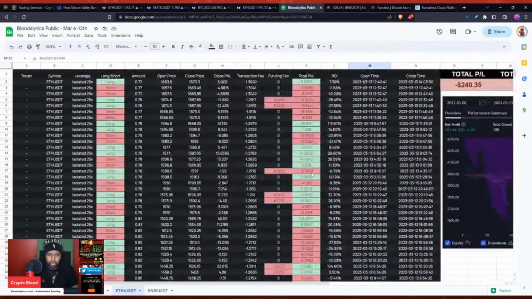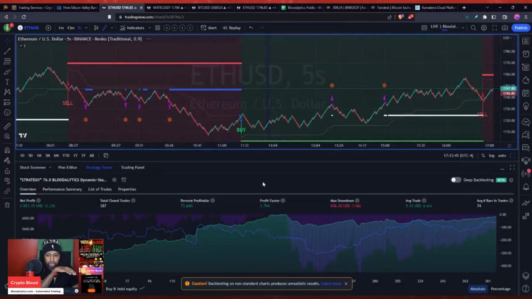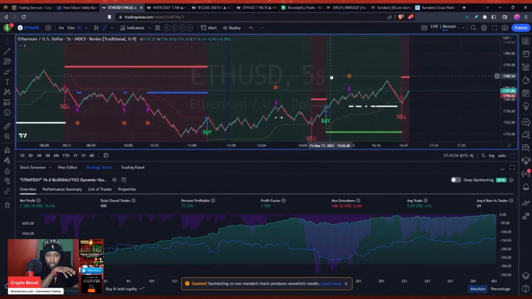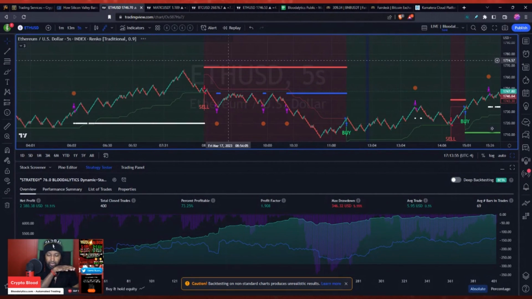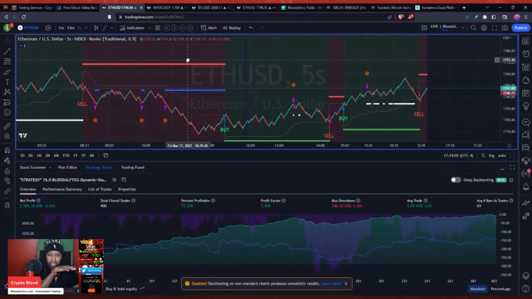So midweek I did switch it. I switched it to just strictly TradingView's version of the Ethereum price feed. Okay, just trying different things. I don't think it worked. It did better. We did improve, but it wasn't matching up as good as it could have.